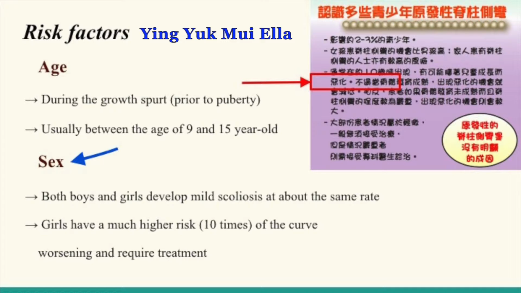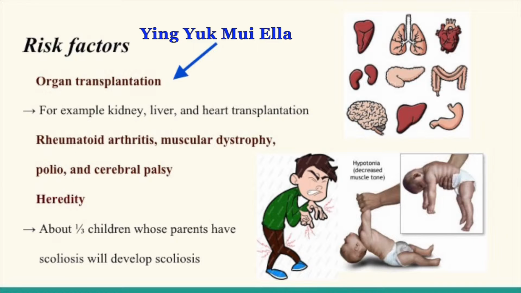However, girls have a much higher risk of the curve worsening and requiring treatment, about 10 times more than boys. Children who are immunosuppressed, such as those who receive organ transplants like kidney, liver, or heart, are at increased risk.